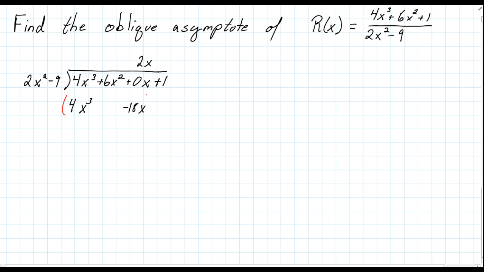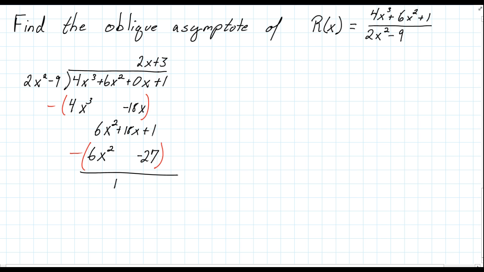I have to remember that I'm subtracting, otherwise things get wonky. And I end up with 6x squared plus 18x plus 1. And now, what do I have to multiply 2x squared by to get 6x squared? That's just 3. So I get 6x squared minus 27. And then again, I remember that I'm subtracting.